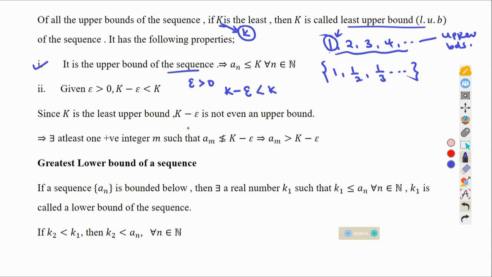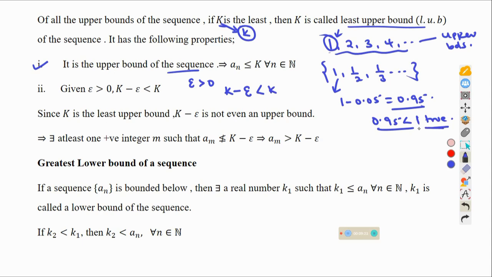We are saying when you have, for example, 1, which is our upper bound, if you subtract a number like 0.05, you will get a number like 0.95. We can clearly see that 0.95 is less than 1. So for a given epsilon greater than 0, k minus epsilon is less than k. This is true.